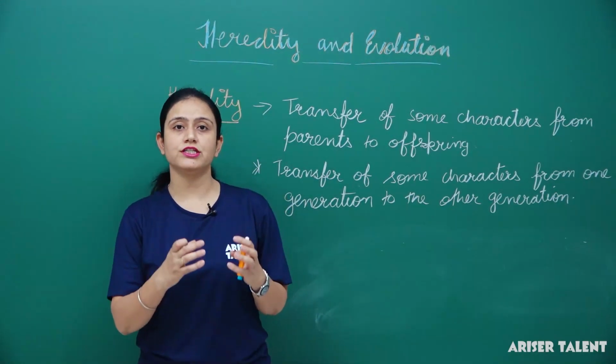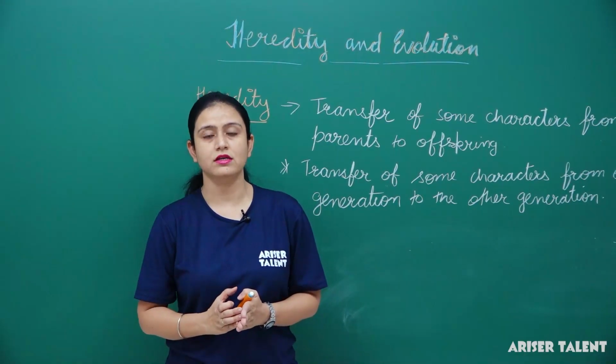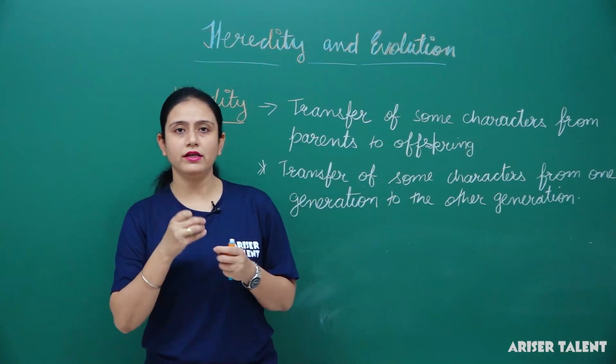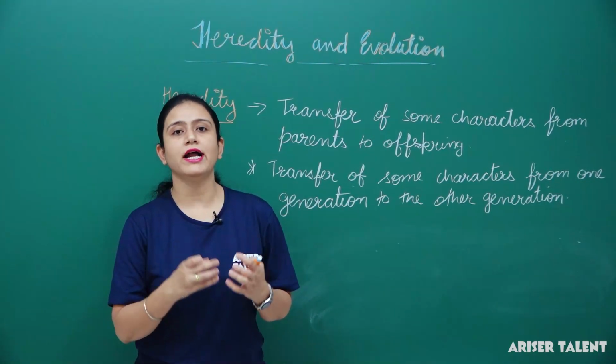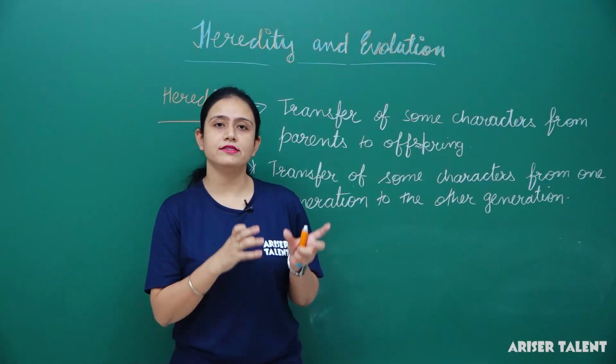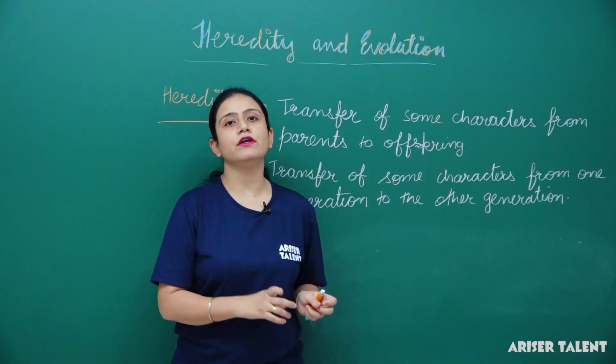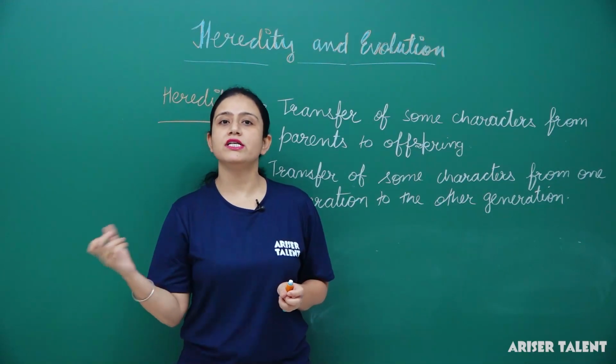What are variations? Variations means the differences in the characters of the offspring. When an offspring takes birth, he or she carries some characters from the mother and father, but some characters are different from the parents. This is known as variation.